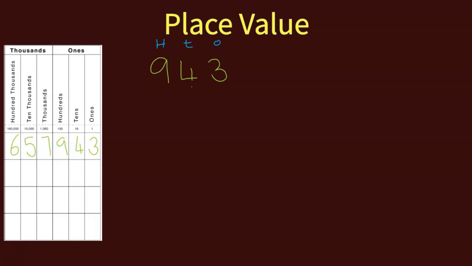All right, so just on top here, I've written hundreds, tens, and ones. It's the same thing here. I've just written it as a letter, okay? So this 900 means that it is literally 900 over here. This 40, and this is 3, okay?